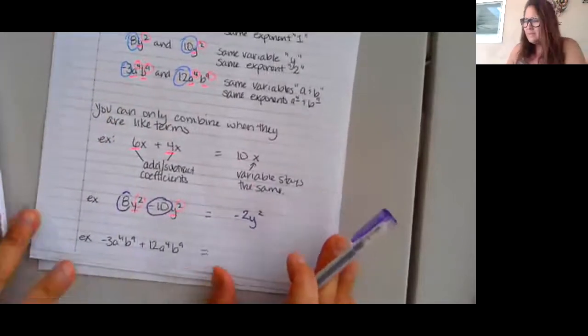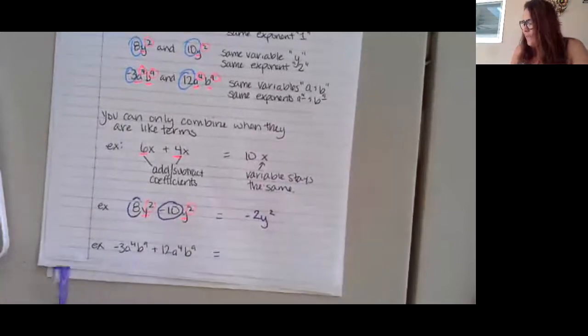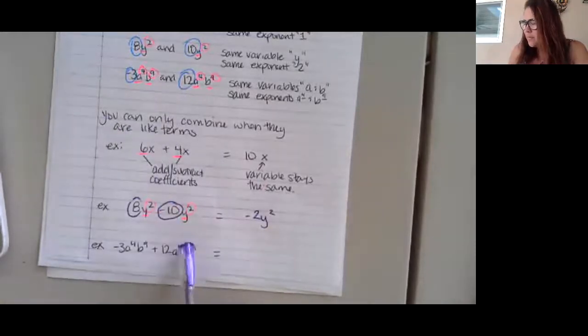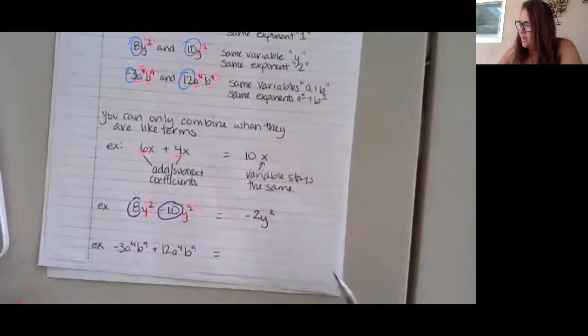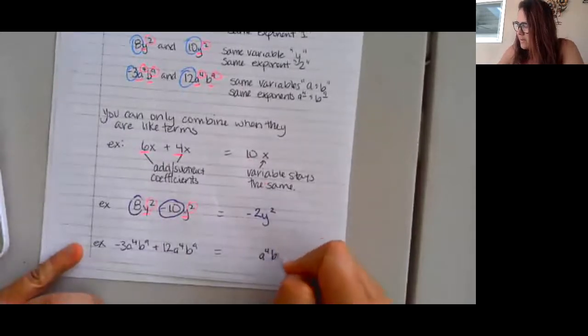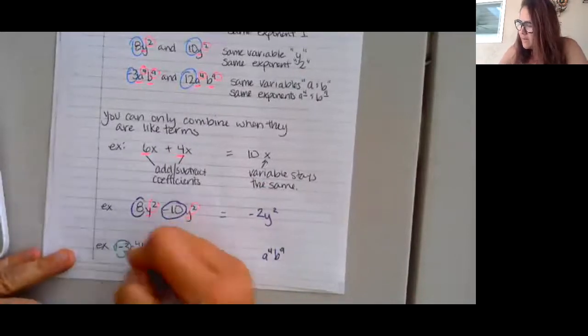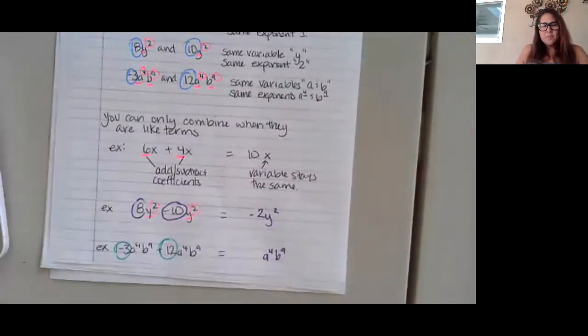Last one. We have negative 3, a to the 4th, b to the 9th. Again, I'm just using the same examples we had up here. And 12, a to the 4th, b to the 9th. My variables are going to stay the same. I'm going to have a to the 4th, b to the 9th. And the only thing that I need to deal with is this negative 3 and that positive 12, which is going to give me a positive 9.